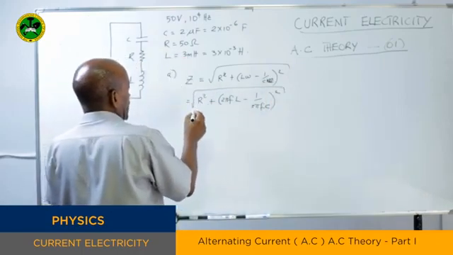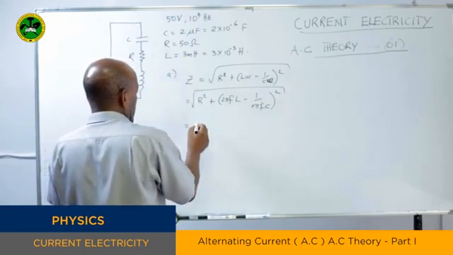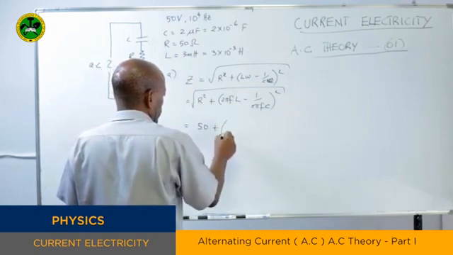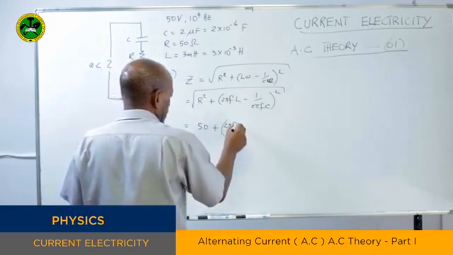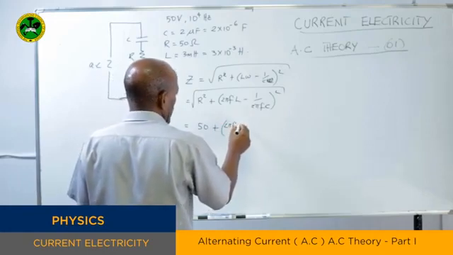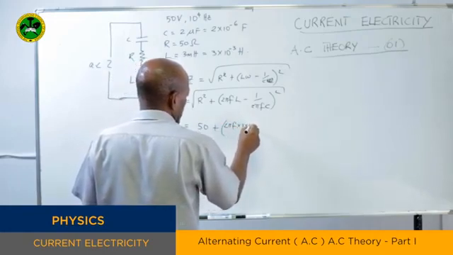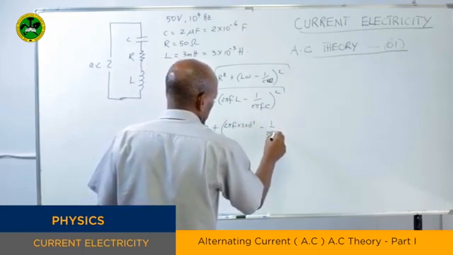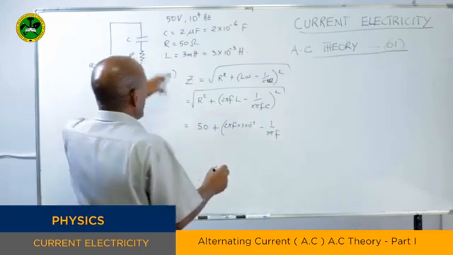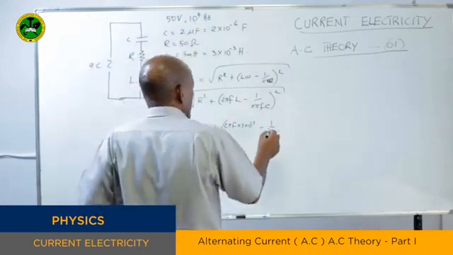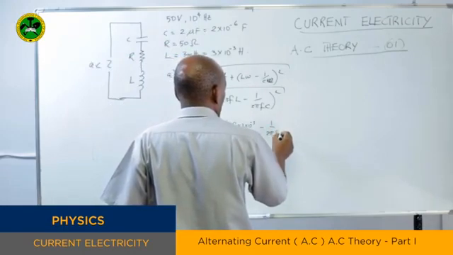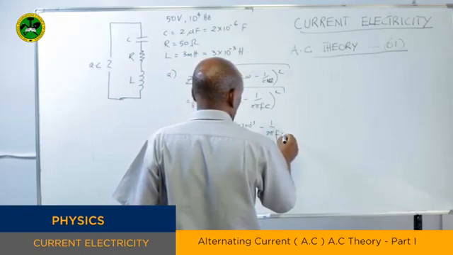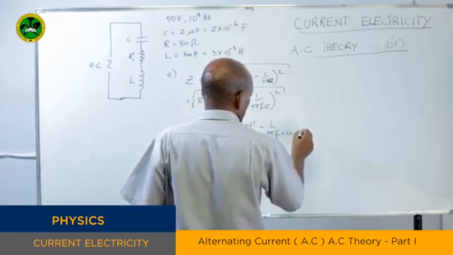The resistance R is 50 ohms. And 2 pi F times L for the inductor is 2 pi times 10 power 4 times 3 times 10 power minus 3, minus 1 over 2 pi times the frequency, 10 power 4 hertz, multiplied by the capacitance C, which is 2 microfarad, 2 times 10 power minus 6.